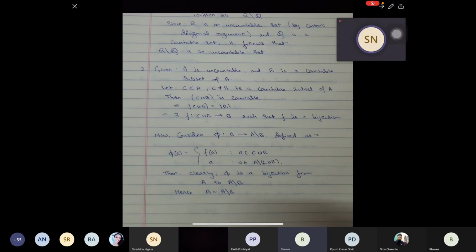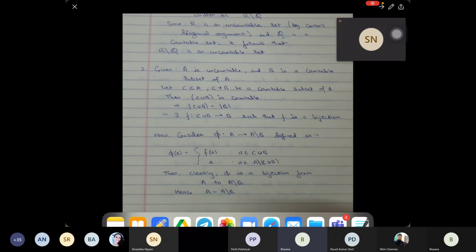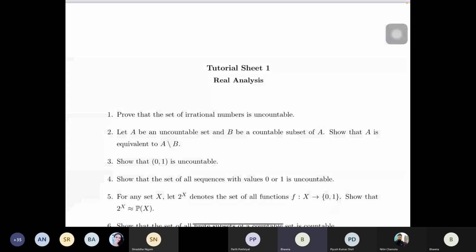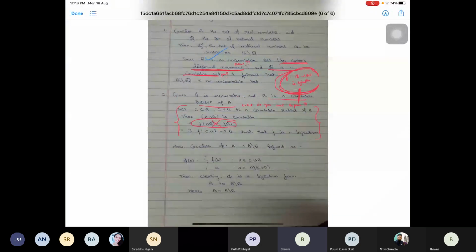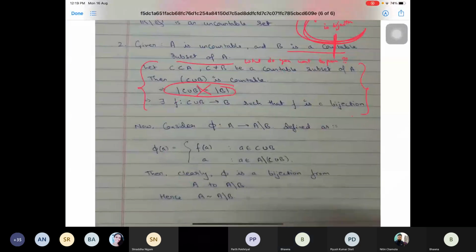But in order to prove that these two sets are equivalent, you need to form a bijection from A to A minus B, which is exactly done in this proof. There is actually a bijection.